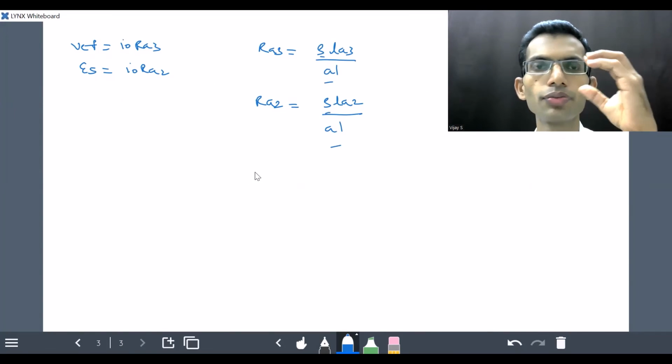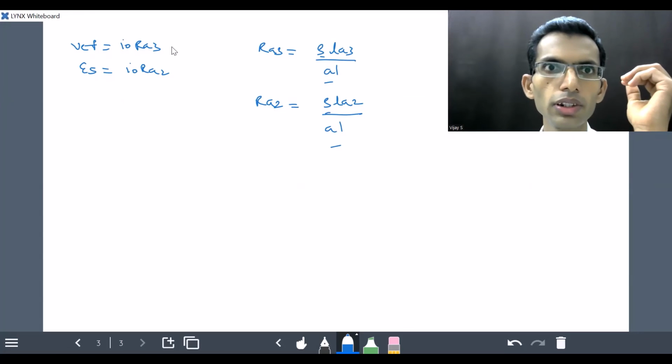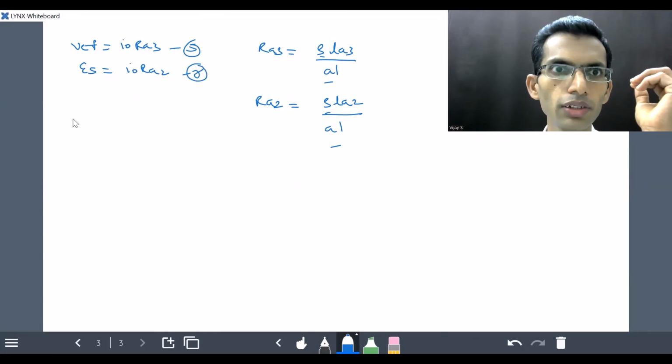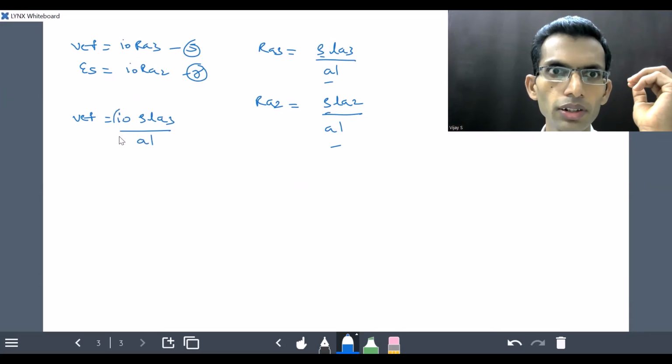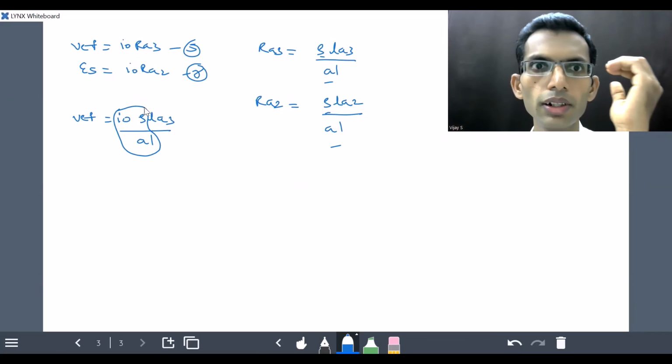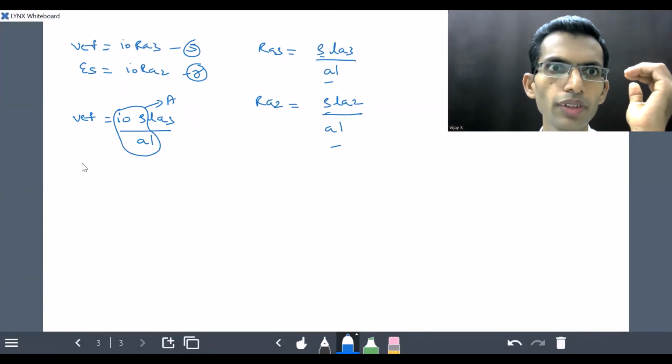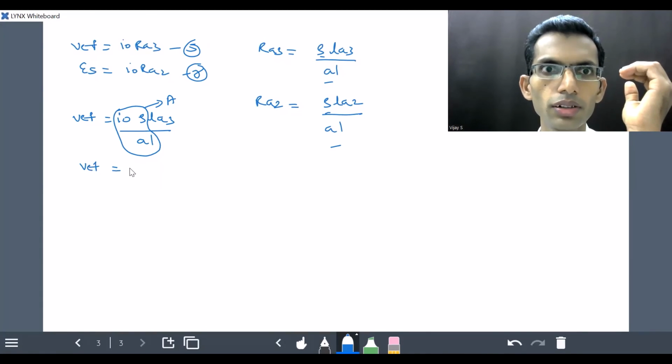When we substitute into this equation, VF is equal to I naught RA3, rho LA3 by A dash. Here you can see I naught, rho, A dash are all constants, so let us take them together as some constant A. So VF is A into LA3.